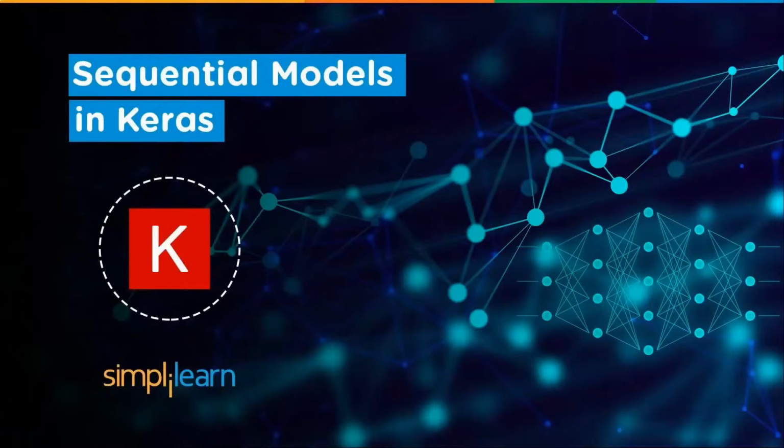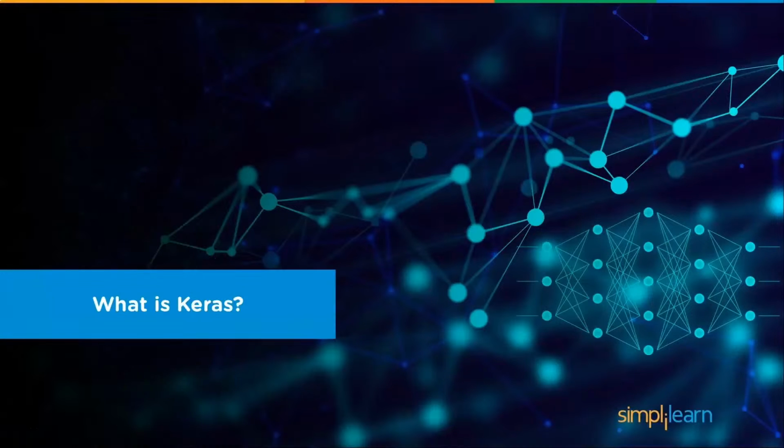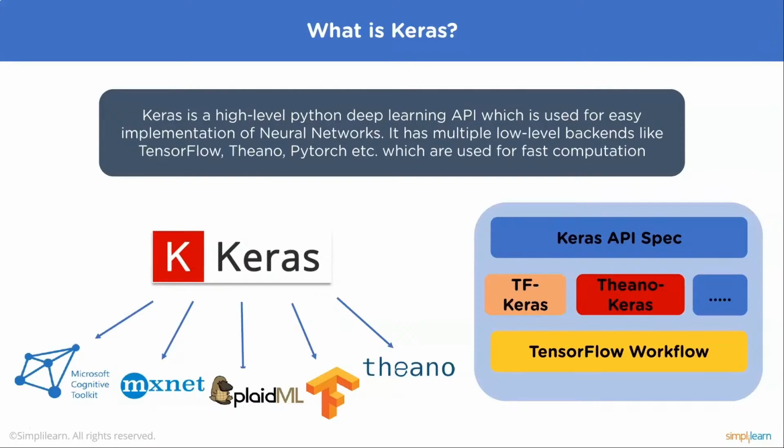Sequential models in Keras. So what is Keras? Keras is a high-level Python deep learning API, which is used for easy implementation of neural networks. It has multiple low-level backends like TensorFlow, Theano, PyTorch, etc., which are used for fast computation.